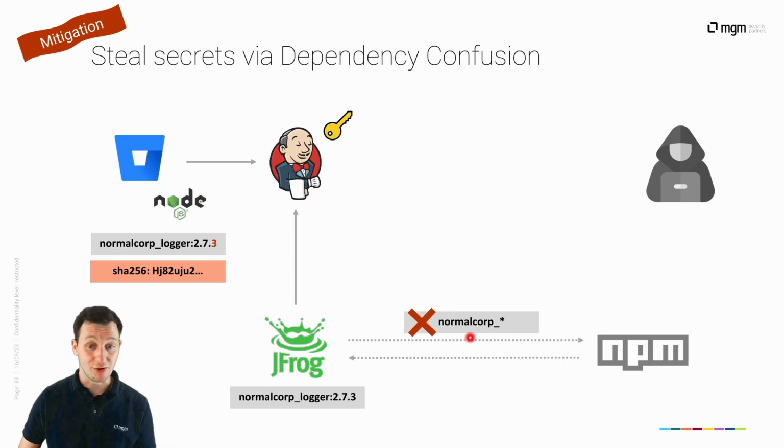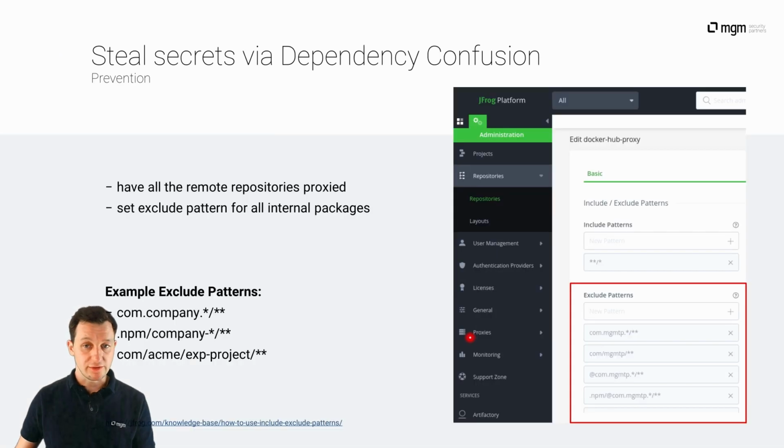Maybe you now ask how to define it. For the JFrog platform, for example, when you use, like in this example here, the Docker Hub proxy, you can define exclude patterns here. In our case here for MGM, it means that we have com.mgmtp.** and stuff like that. That is never taken from the outside, from the internet.